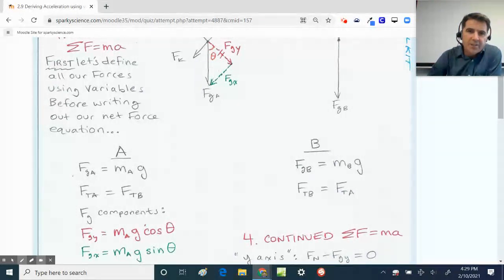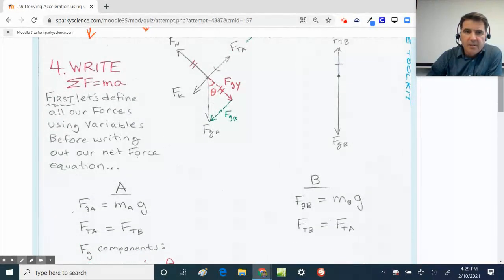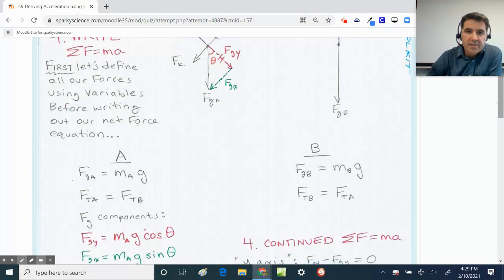And so FGX is going to be the mass of A times gravity times sine theta. And then FGY is going to be the opposite of the normal force, but we'll get to that in a second. FGY is adjacent to theta, so FGY will be mass of A times gravity times cosine theta.